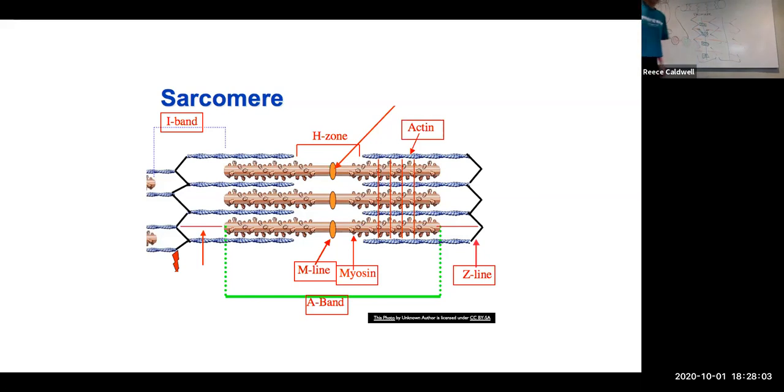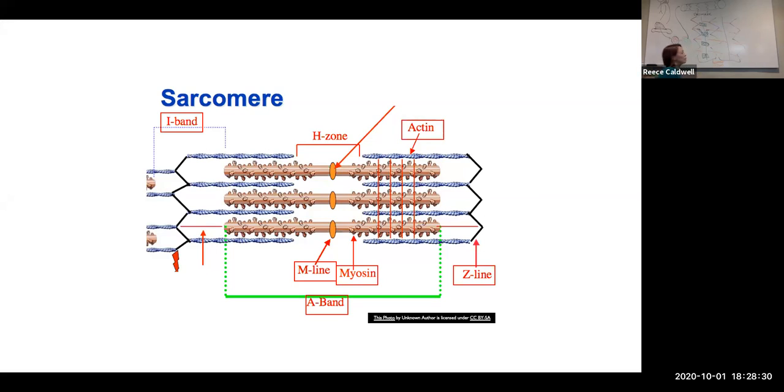Then when we look at the A bands and the I bands, just right here, that is the I band, the lighter band. So the I band has only thin filaments.